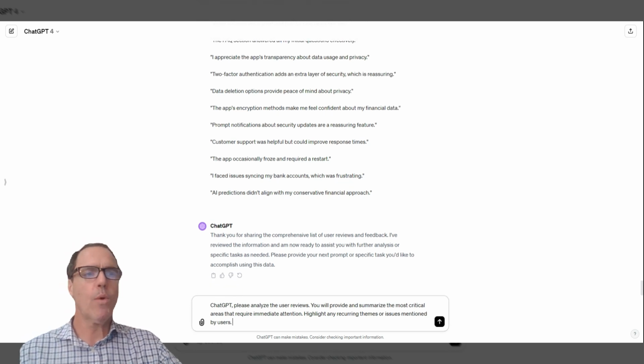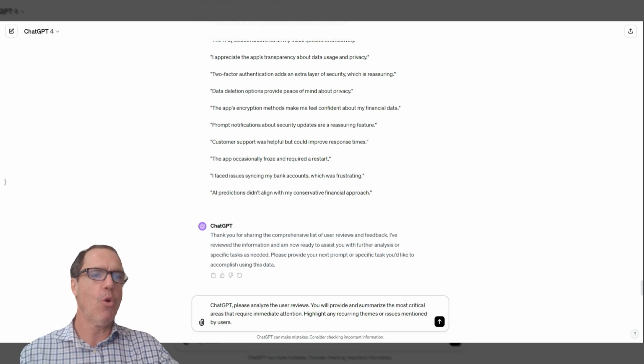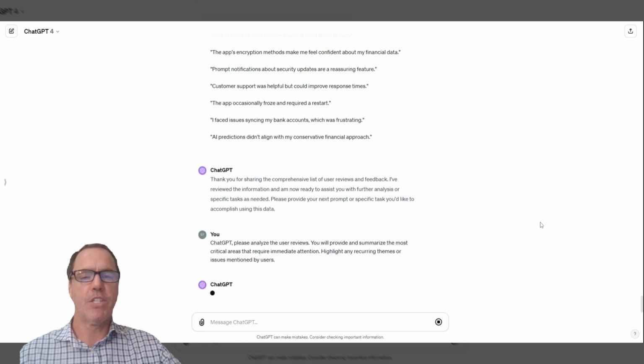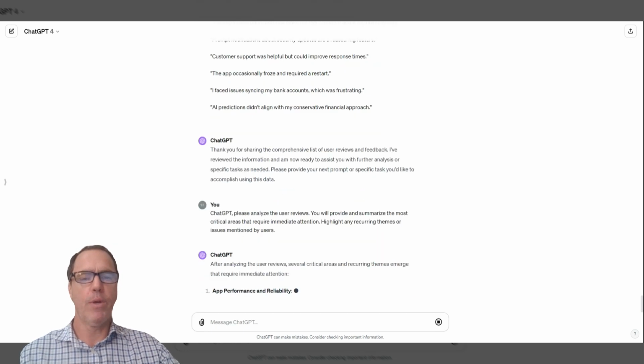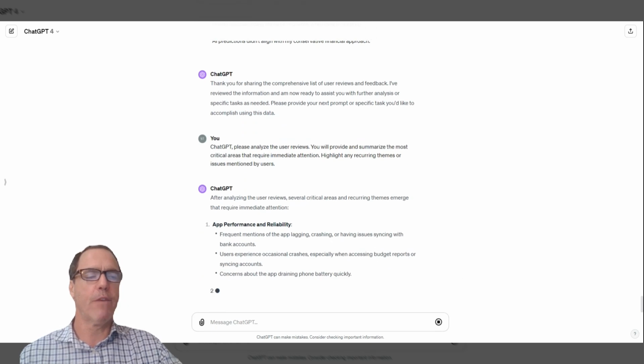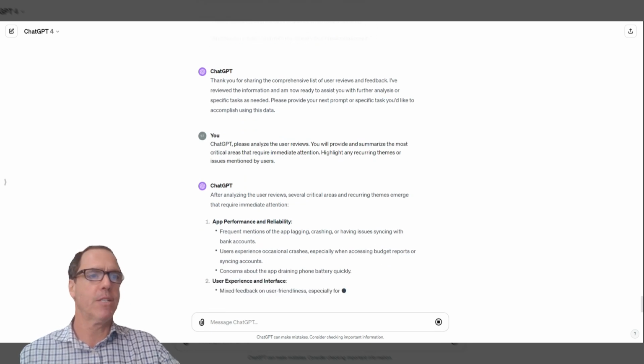So we're going to put in this prompt, ChatGPT, please analyze the user reviews. You will provide and summarize the most critical areas that require immediate attention, highlighting any recurring themes or issues mentioned by users. This should give us a good idea of what we would need to focus in on when we give a report back to our boss.